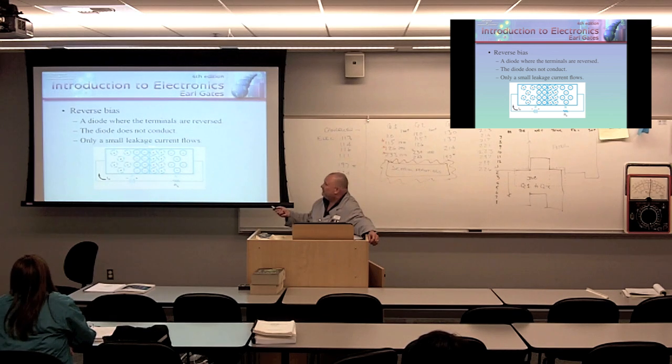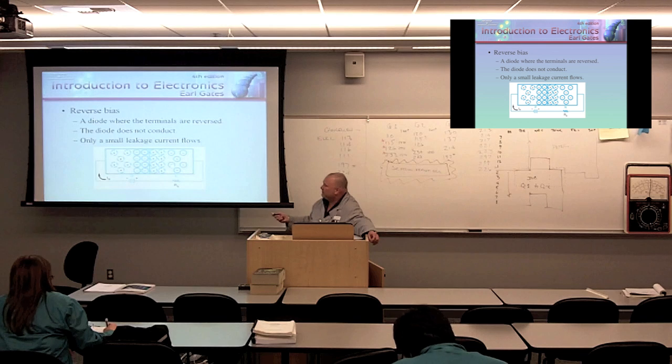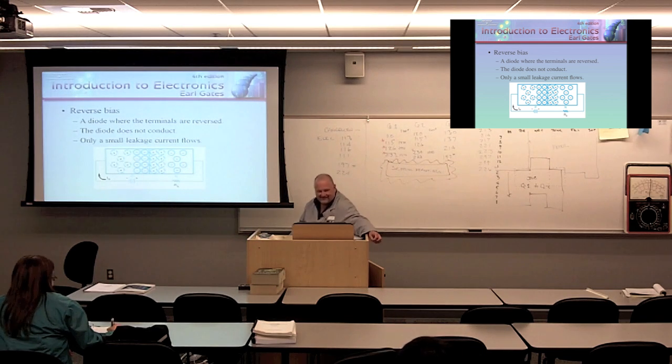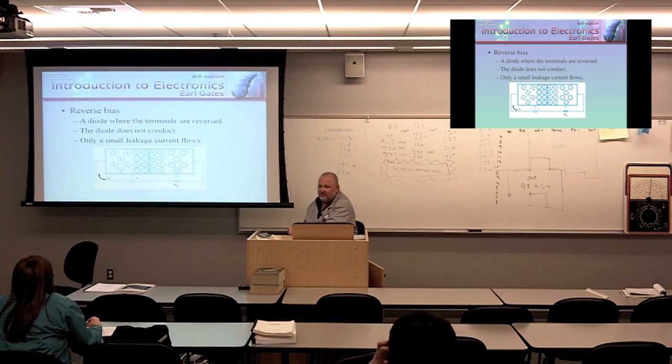Because we build a larger, what did we call this? Remember from the sci-fi thriller? Do not enter the depletion zone, the depletion region. So when we reverse bias the diode, we physically increase the depletion region.